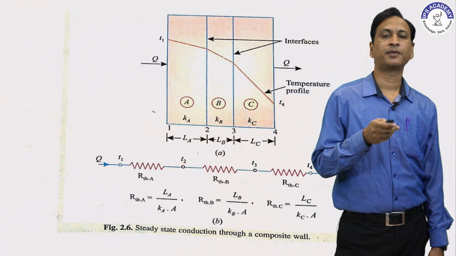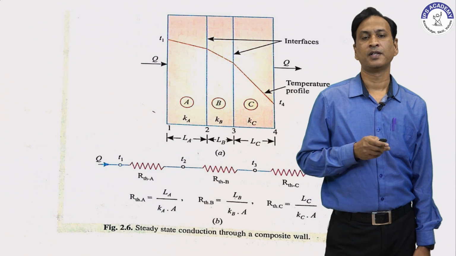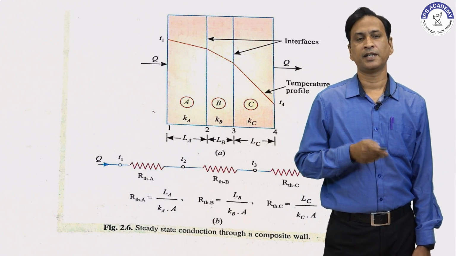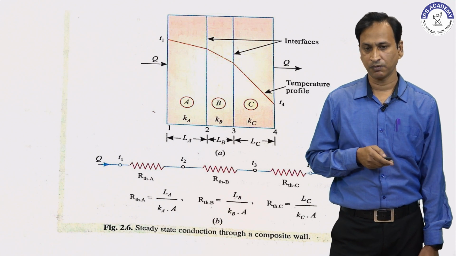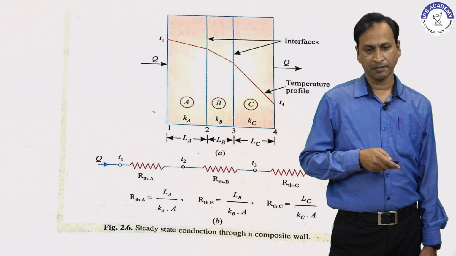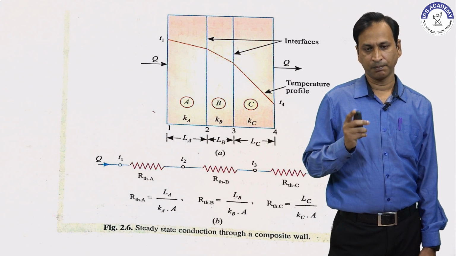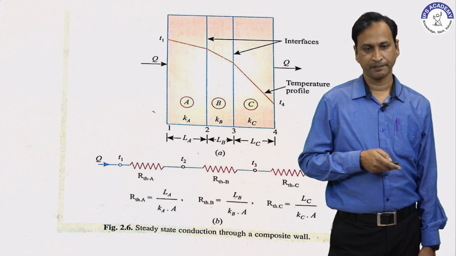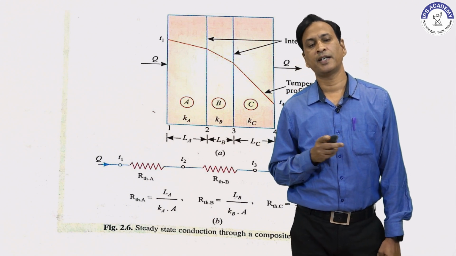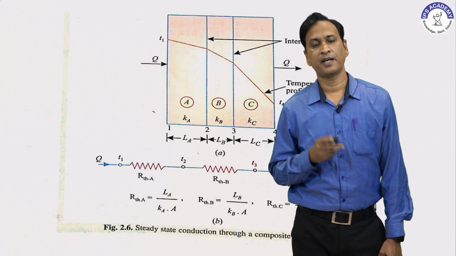The temperatures are T1, T2, T3 and T4. The interface temperatures are T2 and T3, the initial temperature is T1 and the final temperature is T4. The circuit shows the thermal resistance of A, of B and of C. The thermal resistance of A is equal to LA upon Ka into A, where A is the area of slab A.